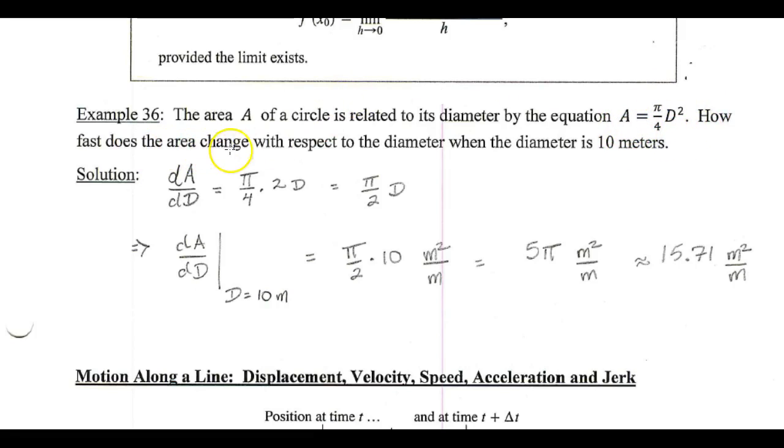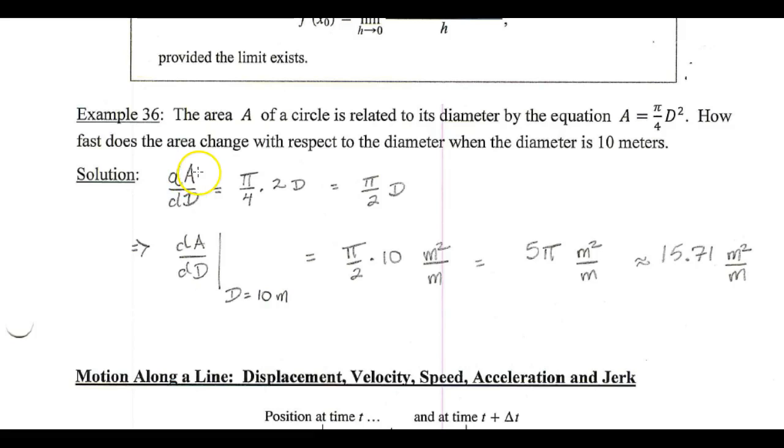So how fast does the area change with respect to the diameter at the specific instant when the diameter is 10 meters? In other words, if I have this circle, A equals pi over 4 d squared, I'm asking for the derivative of that area with respect to its diameter, dA/dd, right? A is a function of the diameter d.